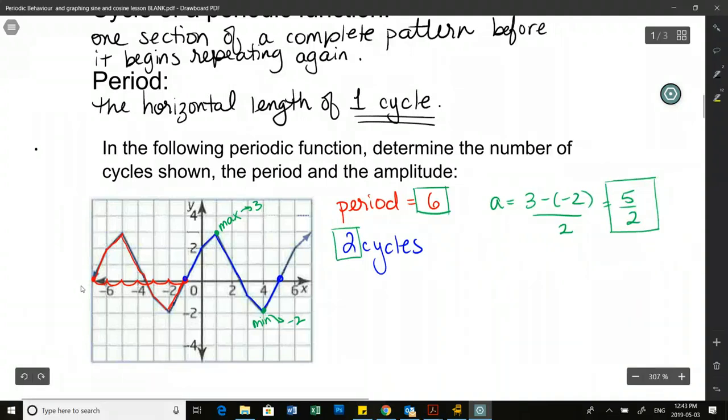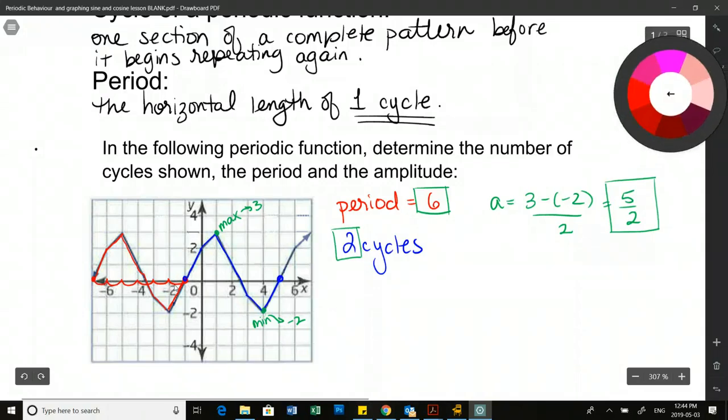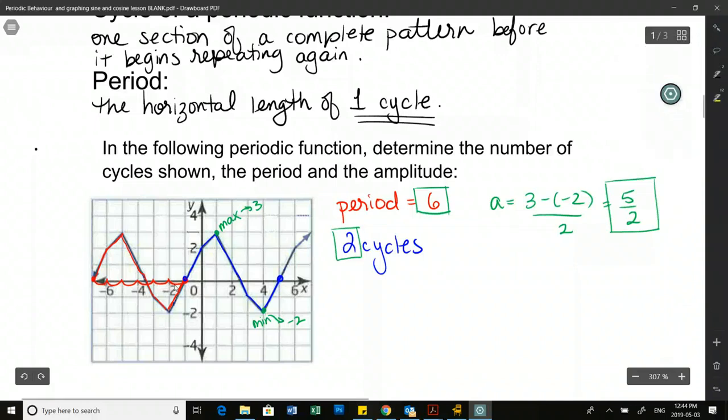Okay, one little side note here, the period does not always necessarily need to be calculated along the x-axis. It can be measured from a max to a max. It can be measured from a min to a min. So if I want to know period, I could even just see how many units are between those 2 peaks there. So it's 1, 2, 3, 4, 5, 6.